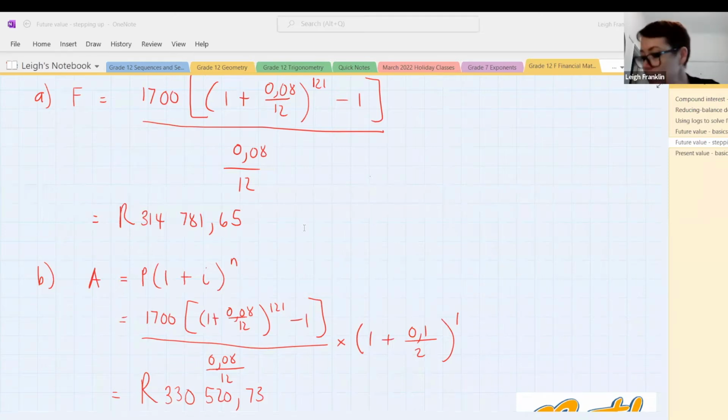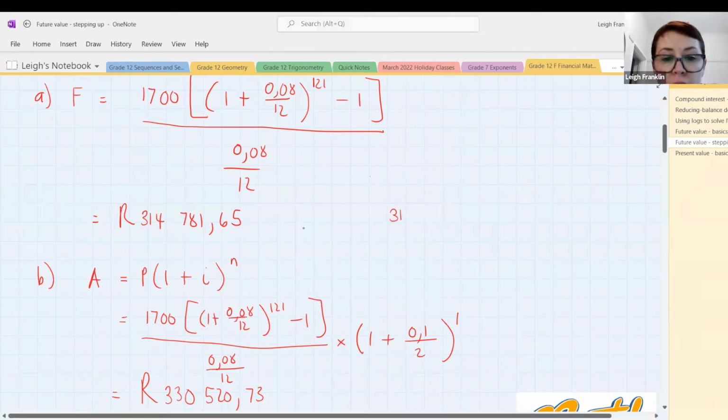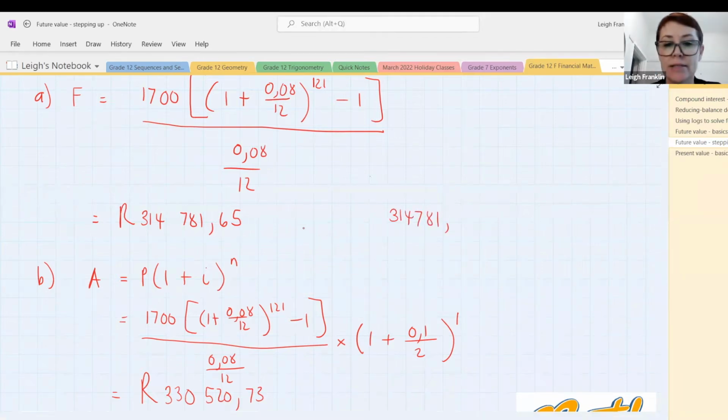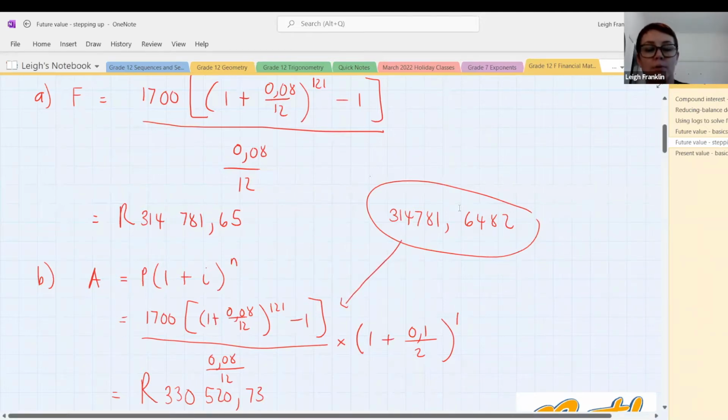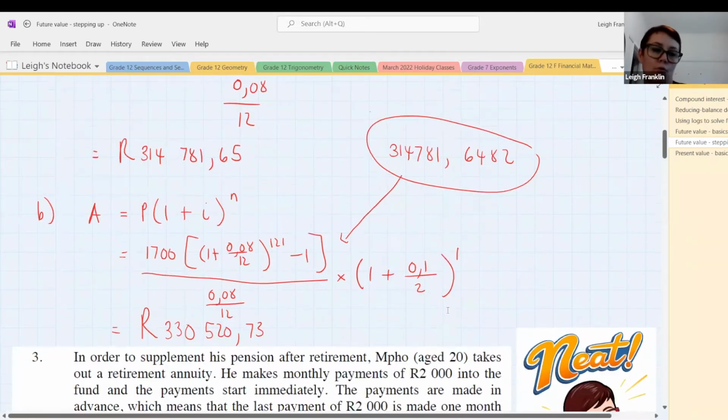When you get this answer in A, you get 314,781.6482. If you take that and substitute it in here, then that's okay. But you mustn't round off.